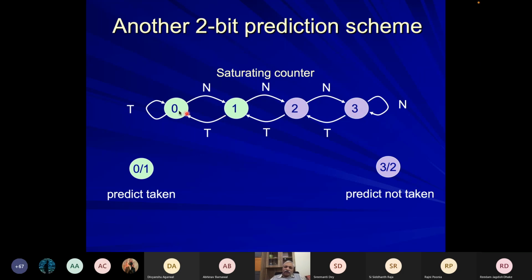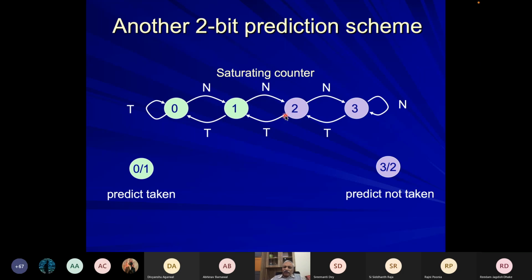So basically, you can think of this as a counter. You're counting up here. If you keep getting n's, you keep counting up, and once you reach 3, you are saturating. So it's a saturating counter. If you get t, you count down and saturate at 0.